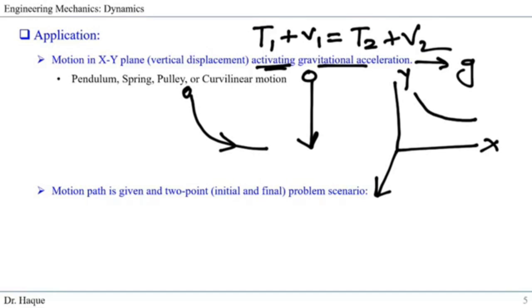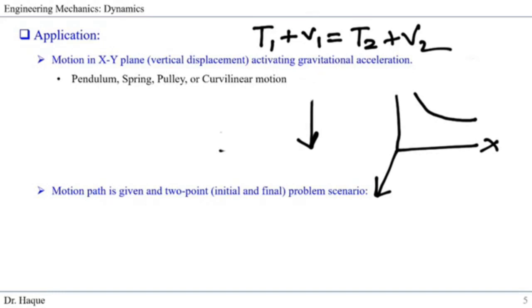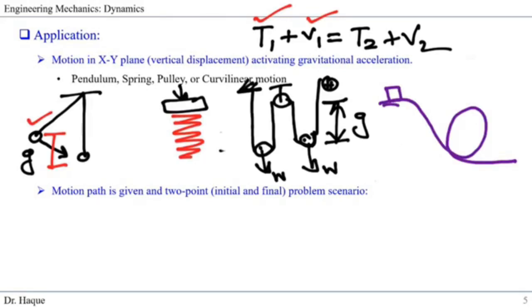So this is a condition where you should think that this might be a problem where I should apply potential energy. We know the height and we know the path.